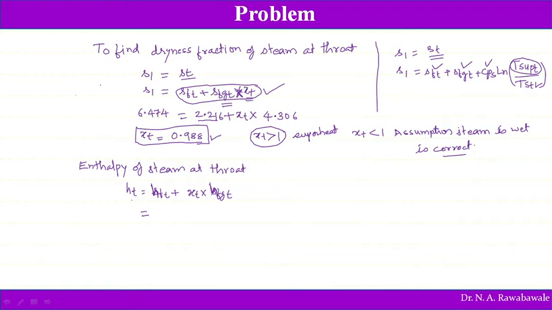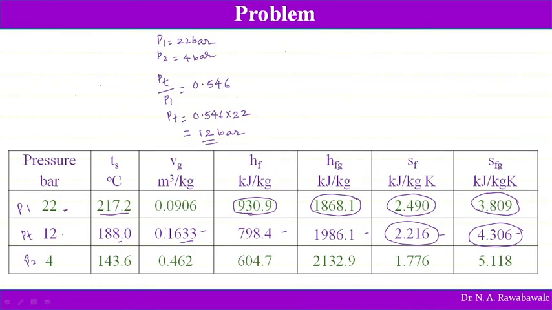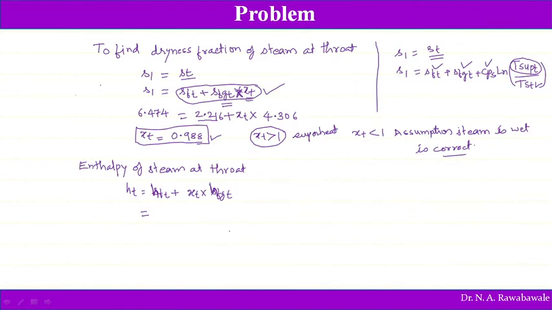We are finding enthalpy, therefore Hft plus xt Hfgt. So at throat, enthalpy at throat pressure can be taken from this table as 798.4.